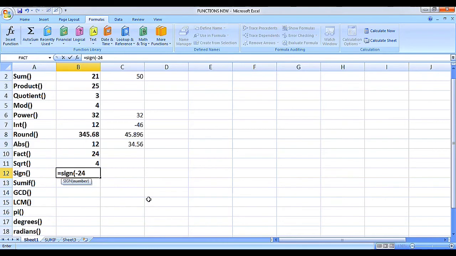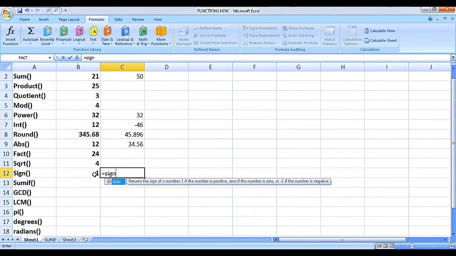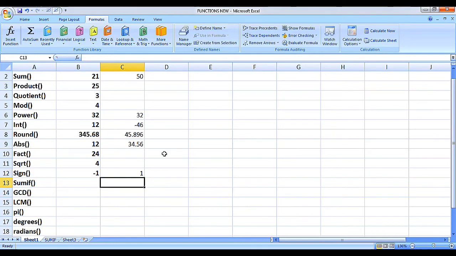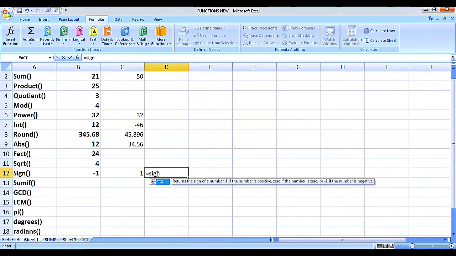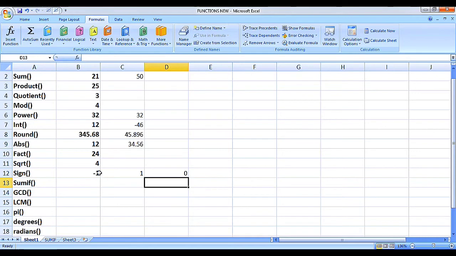Here the number is negative, so the answer is -1. If the number is positive, any positive number, then the answer is 1. If the number is 0, then the answer is 0.